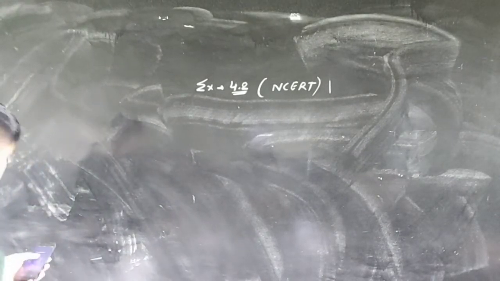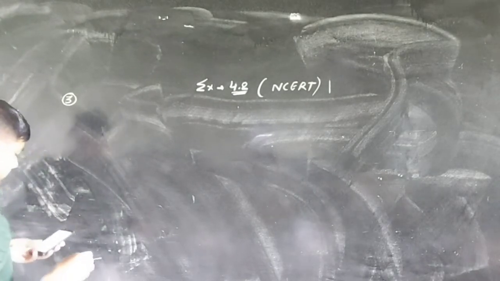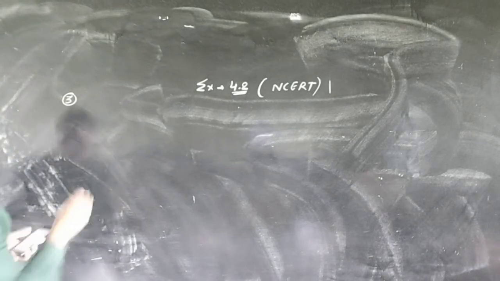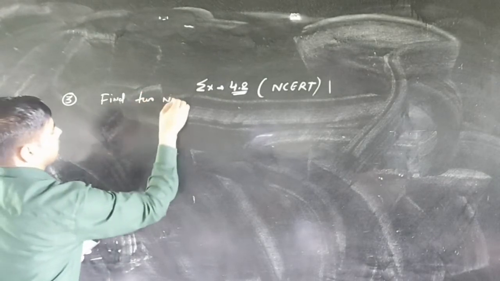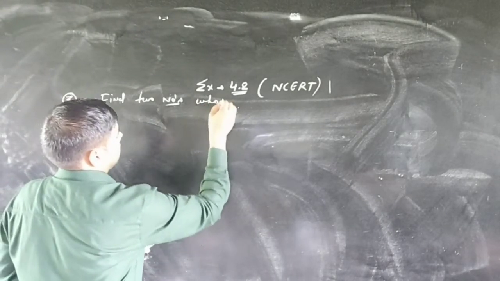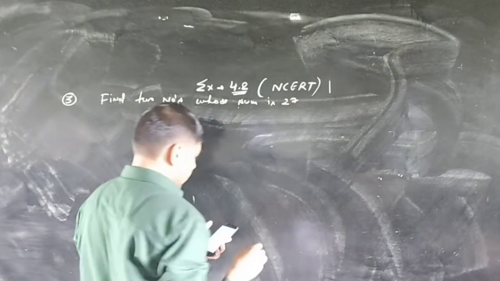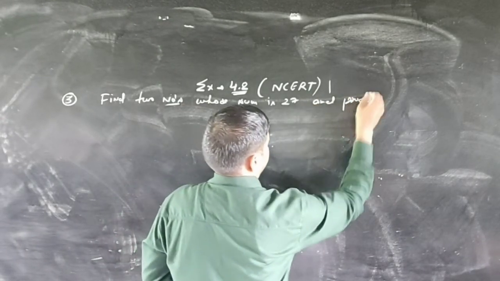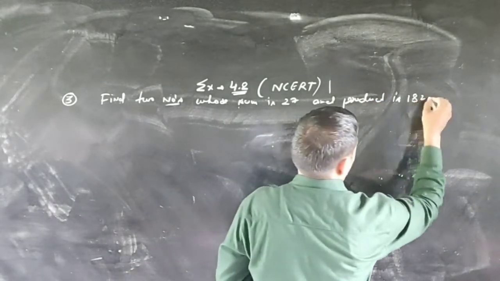Let's see question number 3. The statement is: find two numbers whose sum is 27 and whose product is 182.